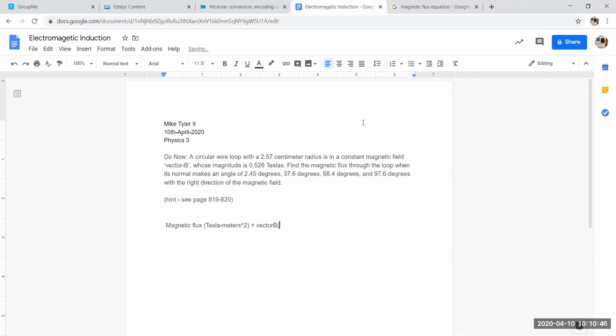My apologies, Teslas. So multiplied by our area. And area is an actual equation in geometry that you have to make yourself familiar with again. So that's A, area, is equivalent to pi times our radius r, and that's going to be squared.